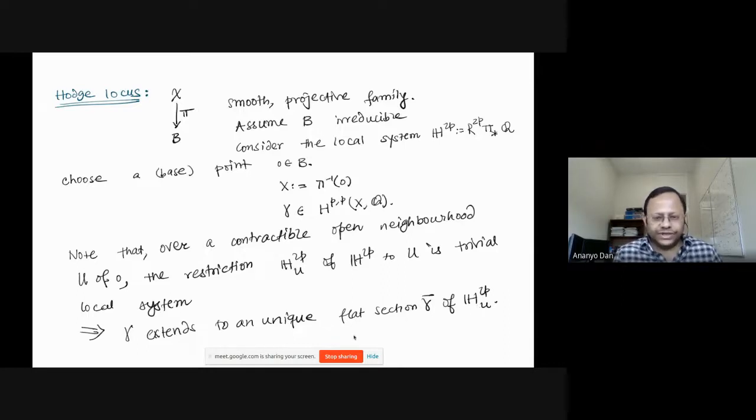Flat section simply means that you have the Gauss-Manin connection on this local system, and if you apply the Gauss-Manin connection to this section, you get 0. So there is not much change to this section in some sense.